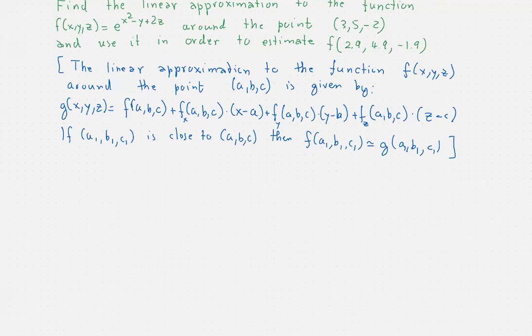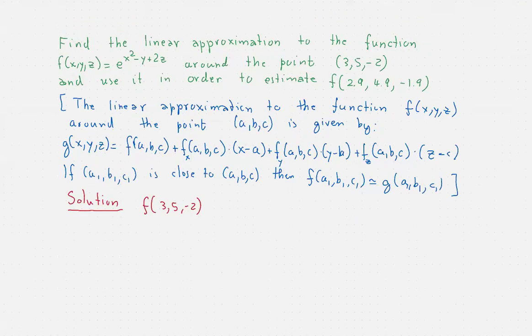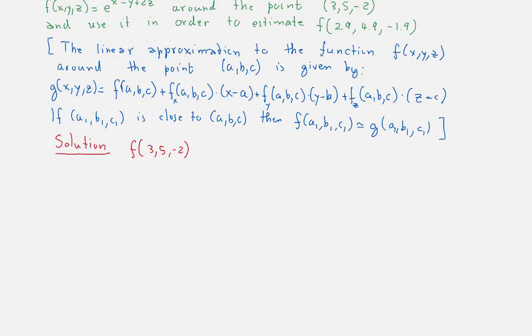Okay, so at this point, we would like to proceed with the solution and just simply find the formula for the linear approximation, and to do so, we need to find the partial derivatives. Equivalently, it's the same as finding the gradient, but there's no need to reference the gradient explicitly. So let's begin by finding the value at the point under question. That would be e to the 3 squared, which is 9, minus 5, which is 4, plus 2 times -2, so minus 4, e to the 0, also known as 1.